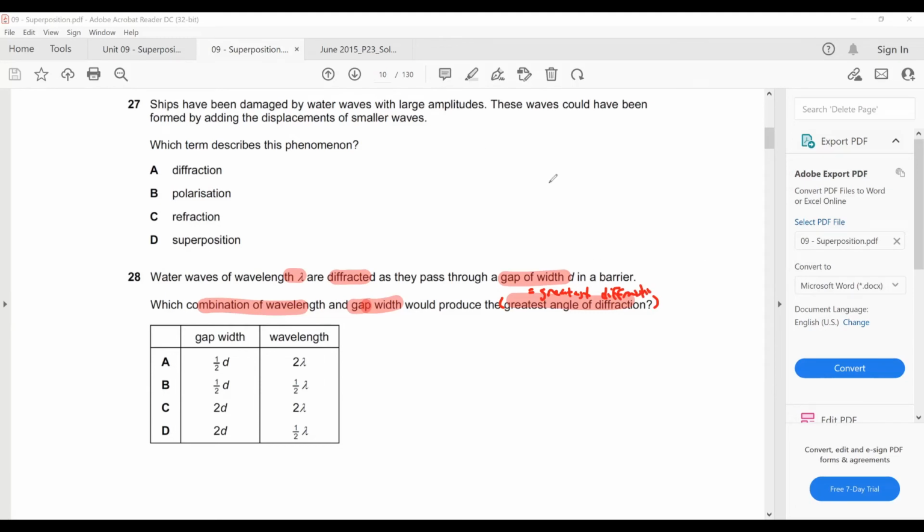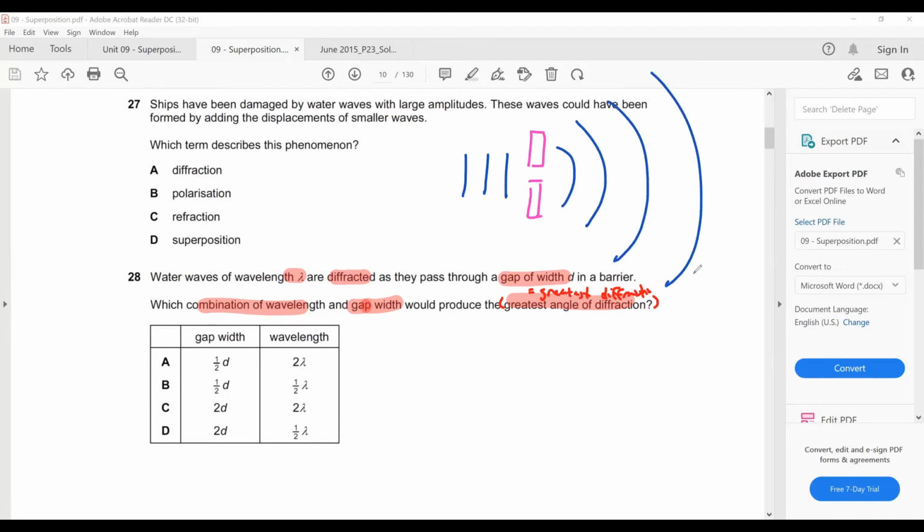When they say greatest angle of diffraction, the angle is more like this. Let's just say that this is my wave before it hits my slit. And then after it hits my slit, it diffracts, right? It bends. When they say angle, you can think of the angle as referring to this. This is the angle.